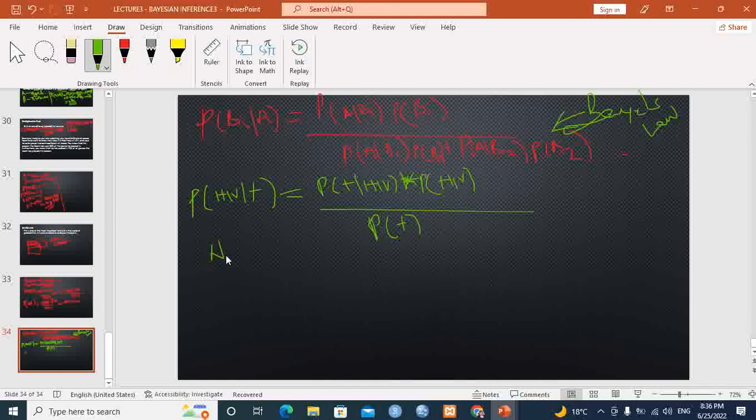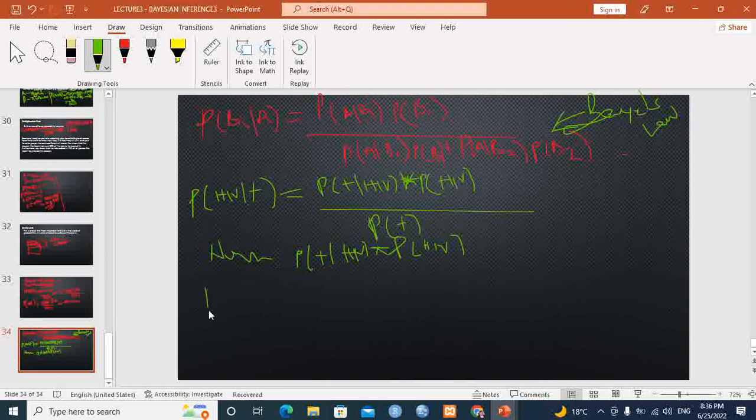Let's start with our numerator. Our numerator is probability of positive given HIV times probability of HIV.